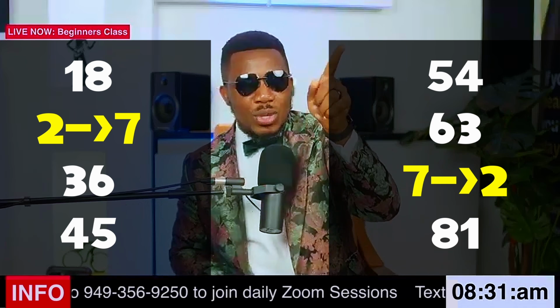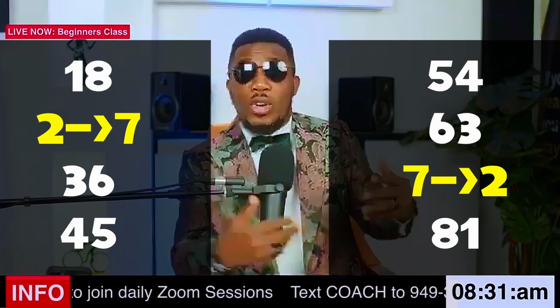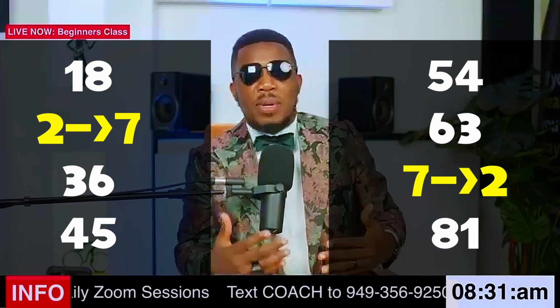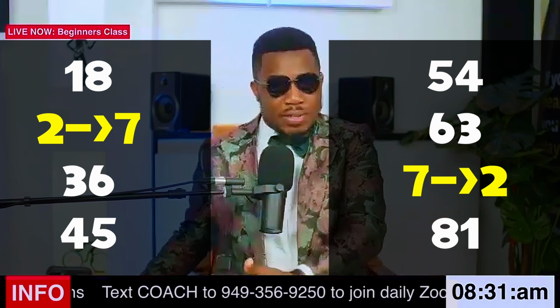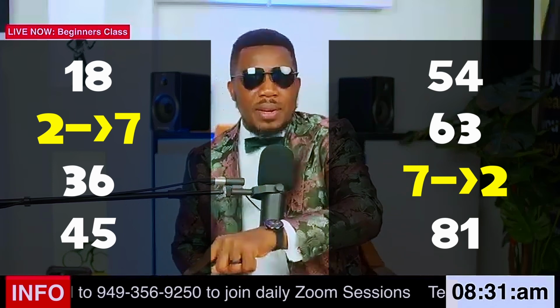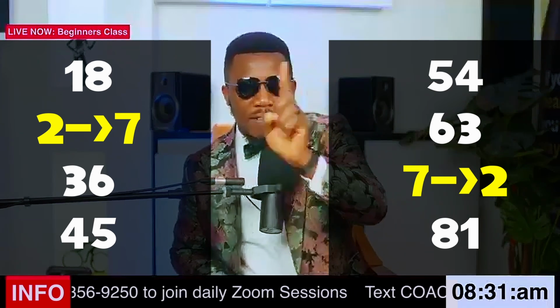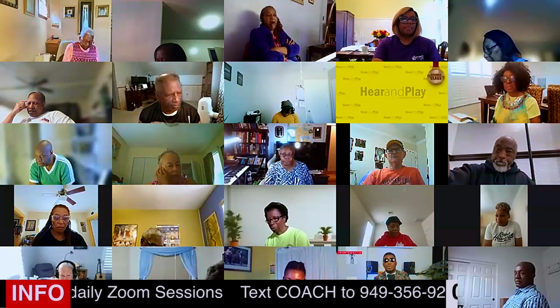What do you have next to the 2? 7. But a second, when inverted, becomes what? A seventh. What does 72 mean? A seventh, when inverted, becomes what? A second. Beautiful.